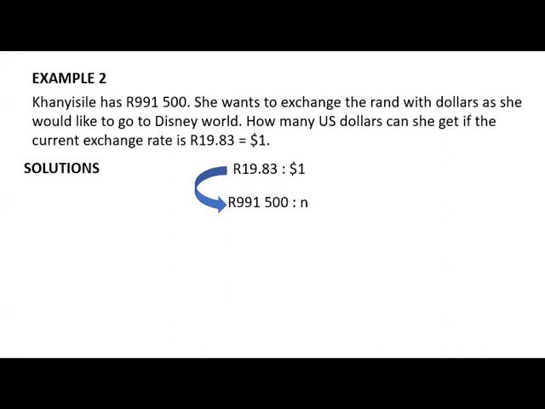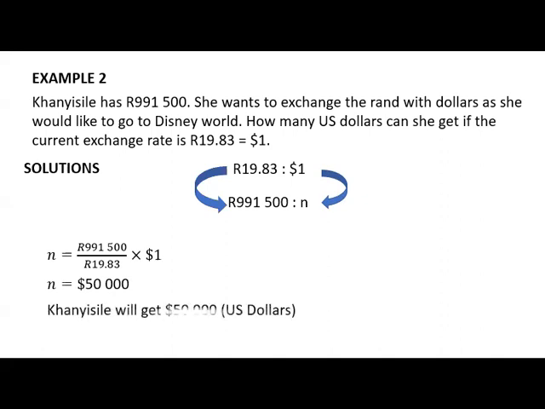So I'm going to do the same thing on the right-hand side and just multiply it by 50,000. It'll give me my N, and my N will be $50,000. So that's how much Kanyisela will get. For 991,500, she'll only get $50,000. Okay, Kanyisela will get $50,000 US dollars, that is. All right.